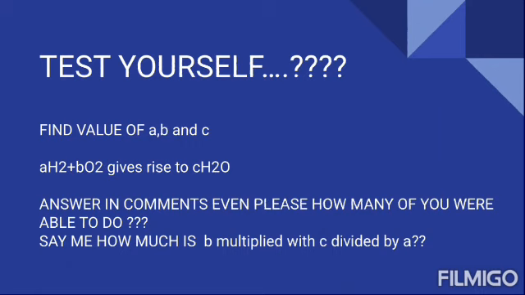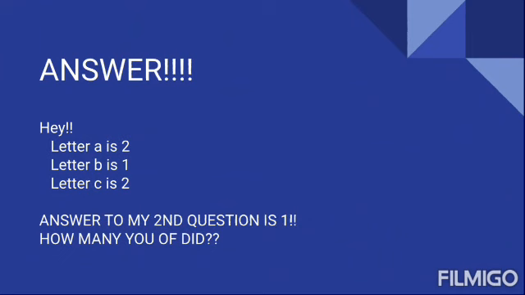Now the oxygen is balanced. But hydrogen is again imbalanced: 2 into 2 will be 4 hydrogens. So you can add 2 in place of a, and you will get 4. Now I have asked b multiplied by c divided by a. The answer is 1. So how many of you got it?